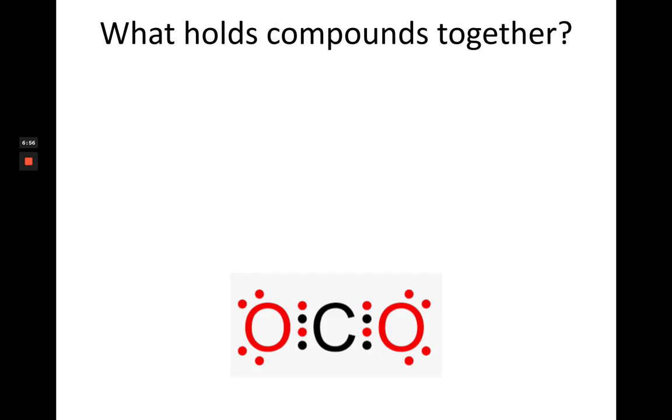Okay, so now that we've talked about atoms and elements and compounds, and we've kind of looked at what makes them unique and special, how we can find them on the periodic table, all of those things. Now we're going to start working on the question of what holds these compounds together. So, elements want to be stable.